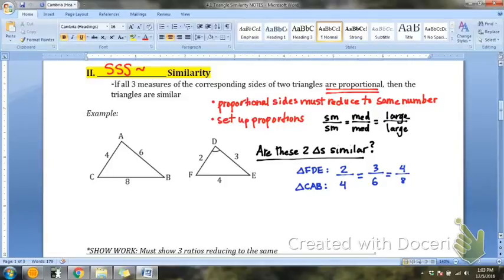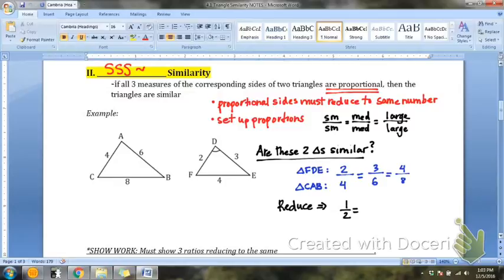So I have 2 over 4, 3 over 6, 4 over 8. So let's reduce all of these. 2 over 4 reduces to what? 1/2. 4 over 2 would be 2, but 2 over 4 is 1/2.